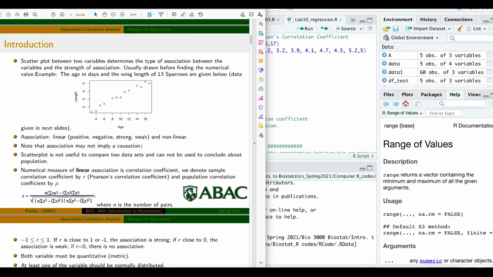But the other way around, an increase in length does not cause an increase in age. So there is an association between length and age, but age is not caused by length; length is caused by age based on this data. But this is not true all the time. Two variables being associated does not mean that one is causing the other. Sometimes it may be true, but it is not always true.